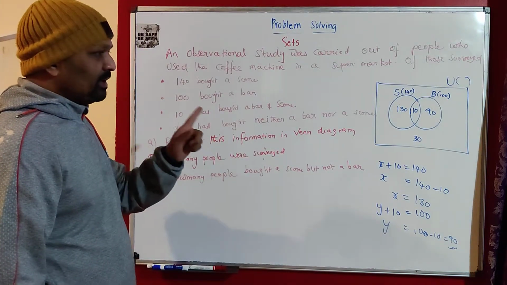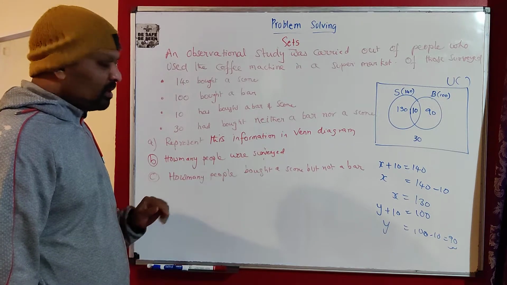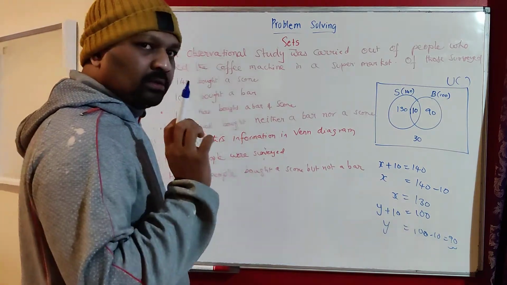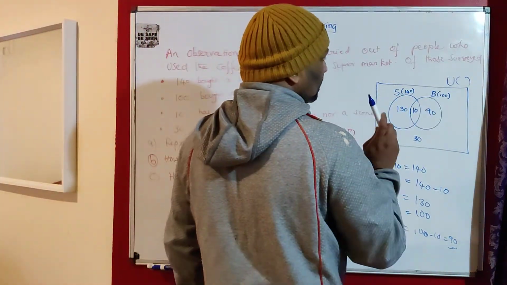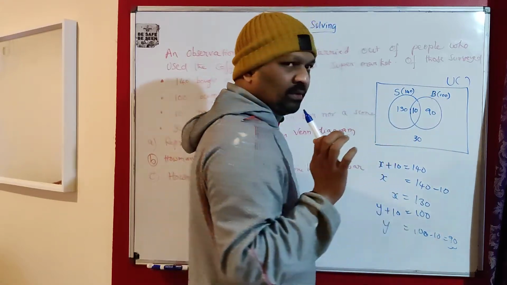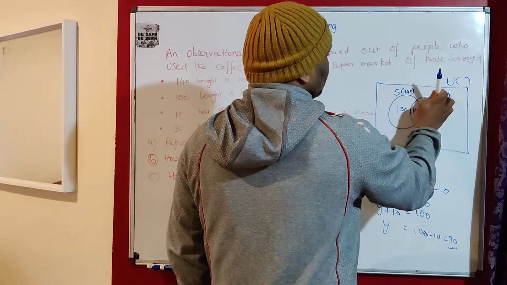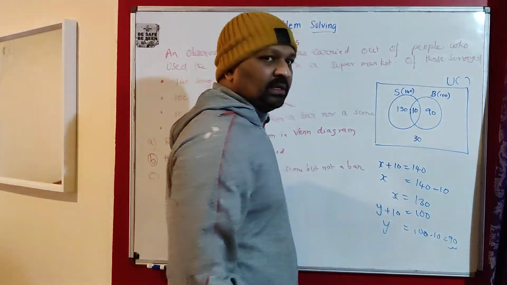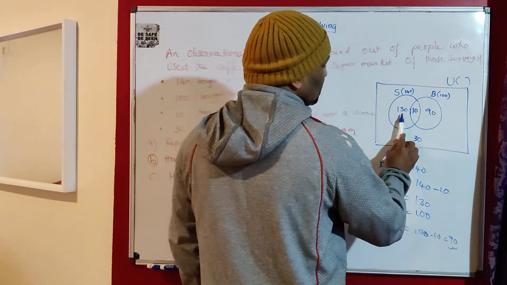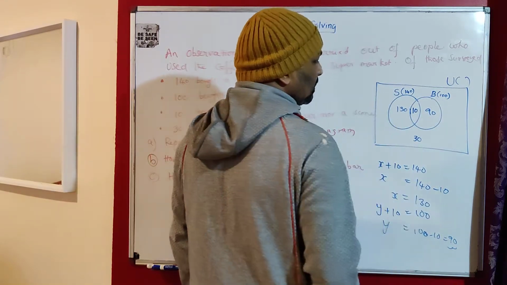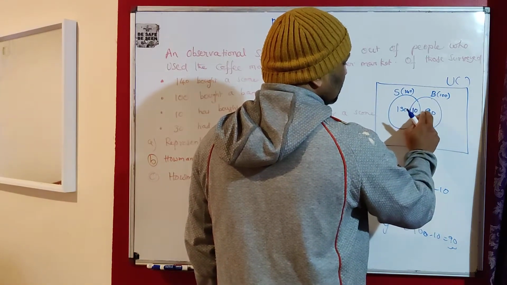How many people were surveyed? That is the second question. To find the total number in the universal set, this is a bit tricky. Do not use these numbers. Instead, use these numbers: this one, this one, this one, this one.